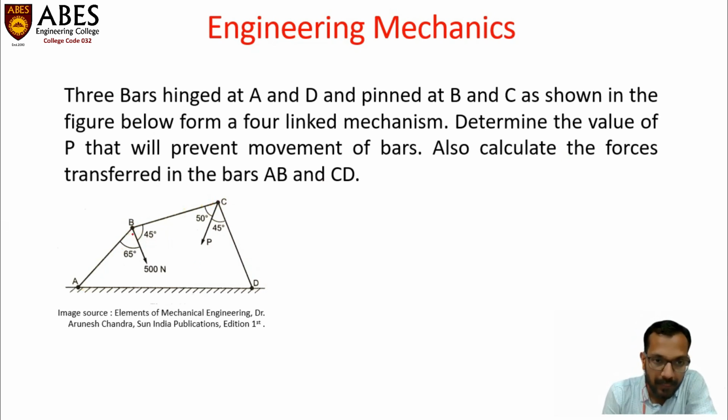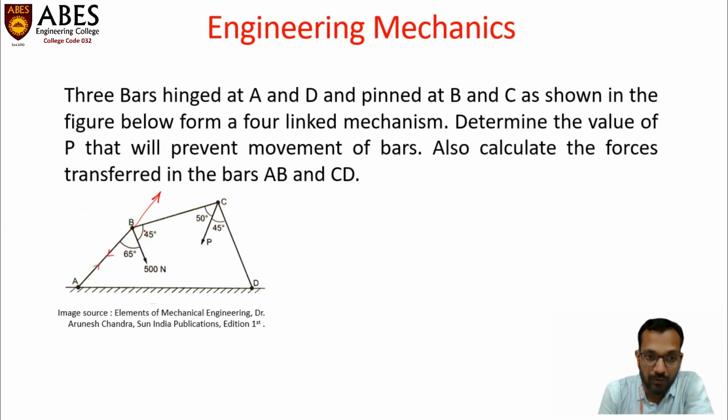So let us see. The first force is 500 Newton, which is given here. The inclination from each and every adjacent member is given here. Now, the force which is transferred from point A onto point B will be in this direction, like this, because AB is under compression. The compressive forces are shown generally like this.